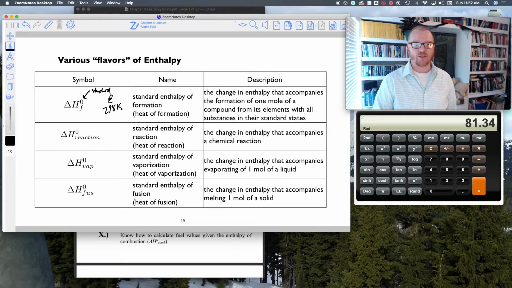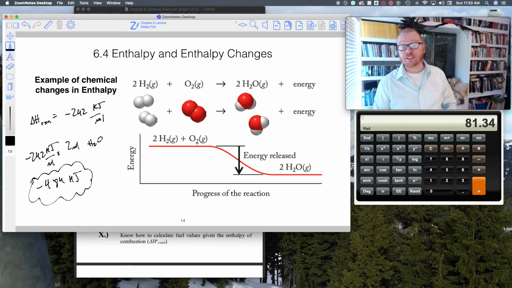And what is the enthalpy of formation? Well, it's the change in enthalpy that accompanies the formation of 1 mole of a compound from all of its elements with all their substances in their standard state. What does standard state mean? I'm going to review this again, but standard state means what phase is that substance at 298 Kelvin. Okay? So for example, as it turns out, this reaction is the standard enthalpy of formation of H2O.